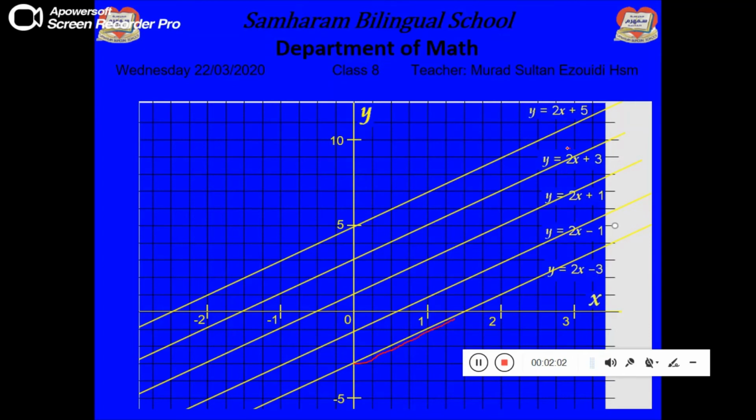You can note this is the gradient. All the equations that we draw here have the same gradient, and the y-intercepts, of course, are different. As they have the same gradient, we can say that the lines are parallel.